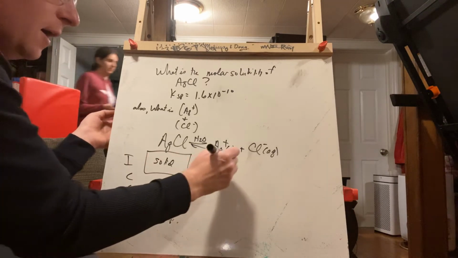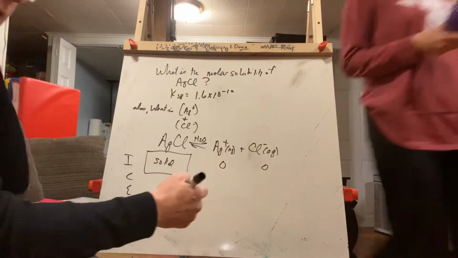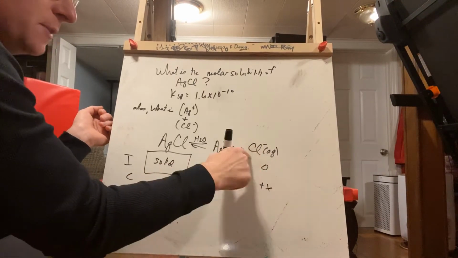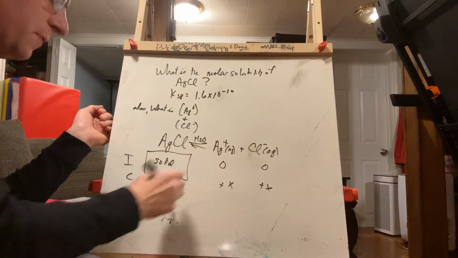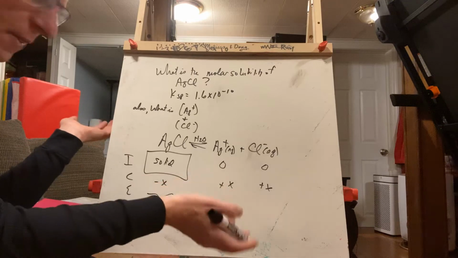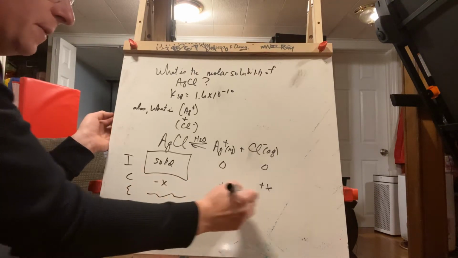So it always goes solid, 0, 0. Then you go minus x, plus x, plus x. Once again, you just go with the coefficients in front. And then you just ignore the solid. These become x and x.